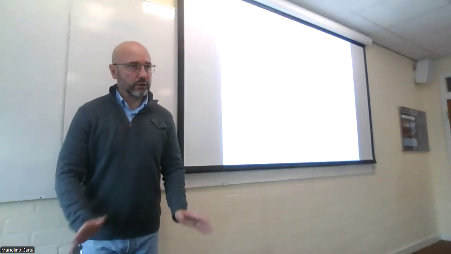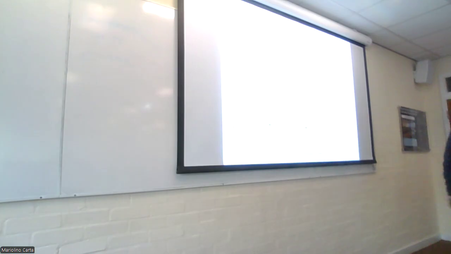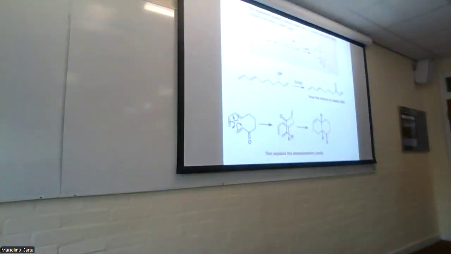Normally, for endo or exo, in most compounds the most thermodynamically stable is the exo. Also in the final product of the Diels-Alder, the most stable compound thermodynamically is the exo. And yet it forms the endo, and that is exactly because of the suprafacial approach.